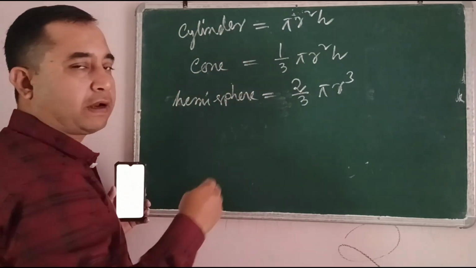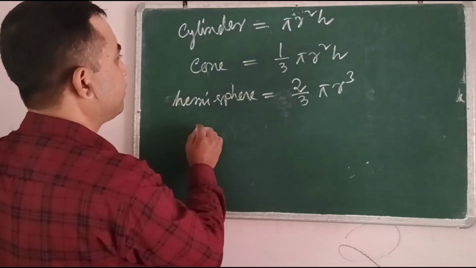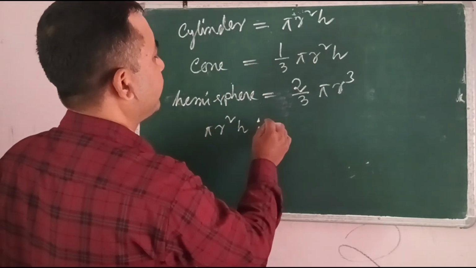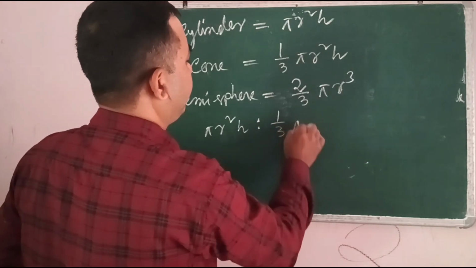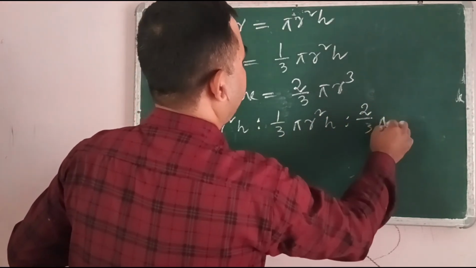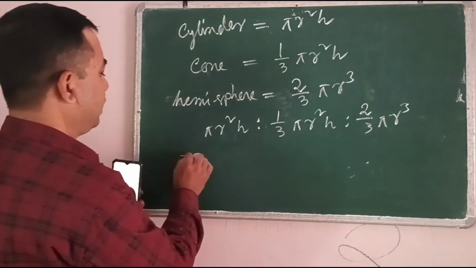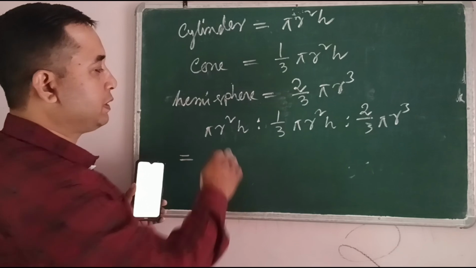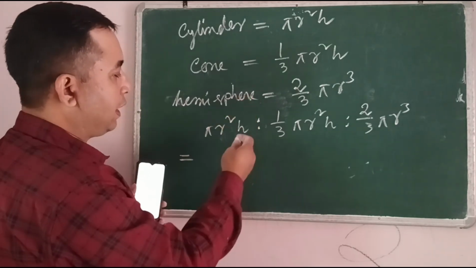So these are the values of the volume of cylinder, cone and hemisphere. So we have to write the ratio of their volumes. Pi r square h is to 1/3 pi r square h is to 2/3 pi r cube. Since the condition is same base and same height, it means the radius becomes the height.